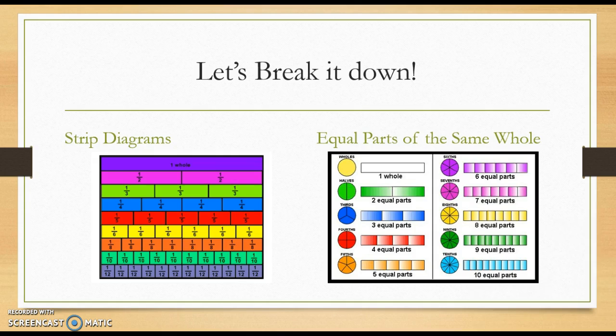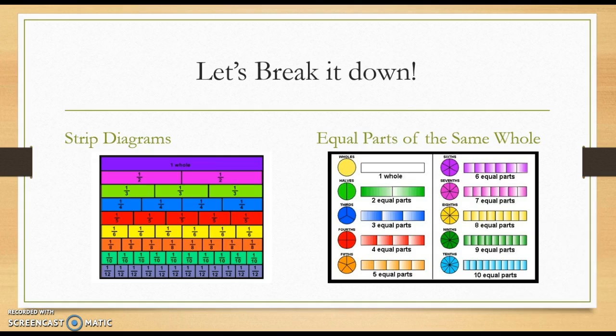As I just mentioned, we were talking about food. So as you can see, these wholes, what is something similar to the wholes? Yes, pizza. Everybody loves pizza. And whenever food is integrated, you can best believe the kids are going to be listening. So you could just say, okay, how many equal parts do we need to where it's the same whole?